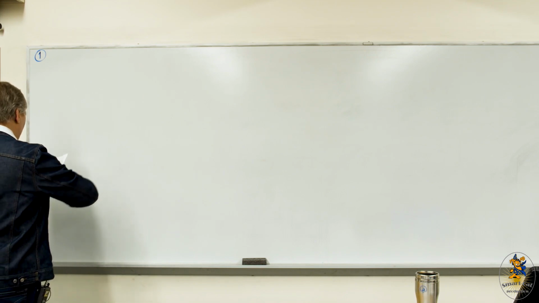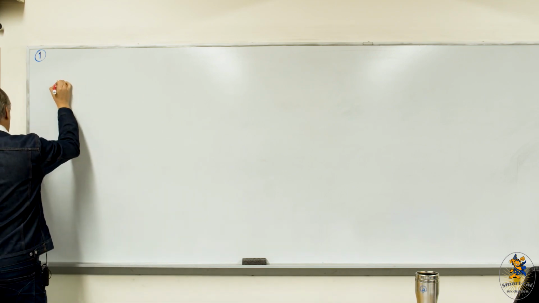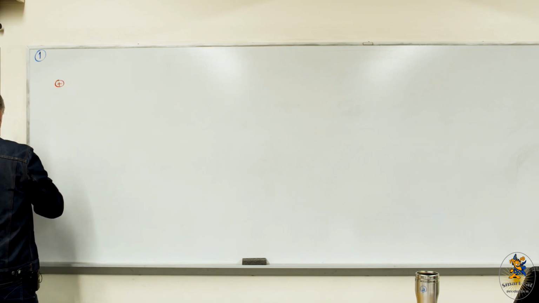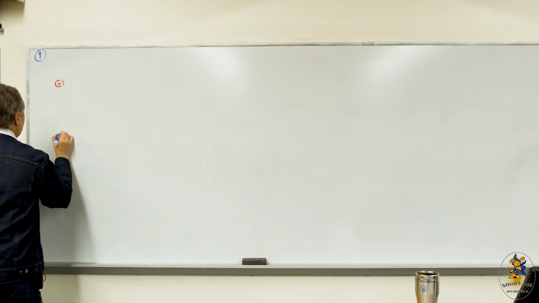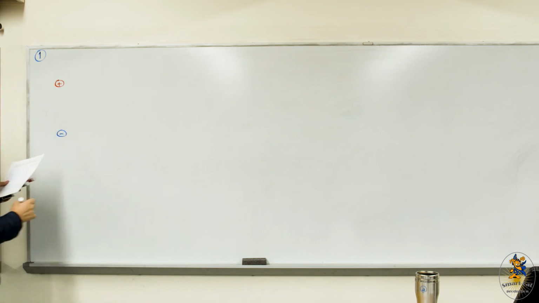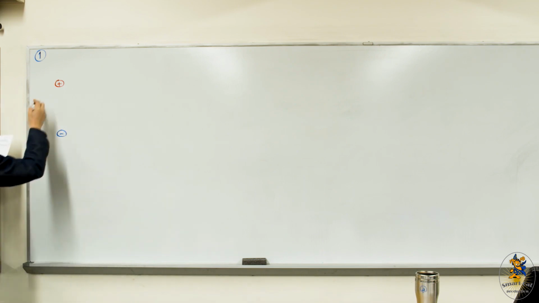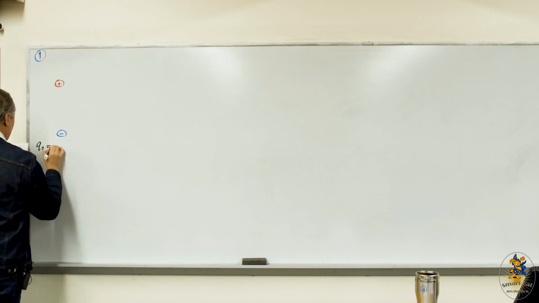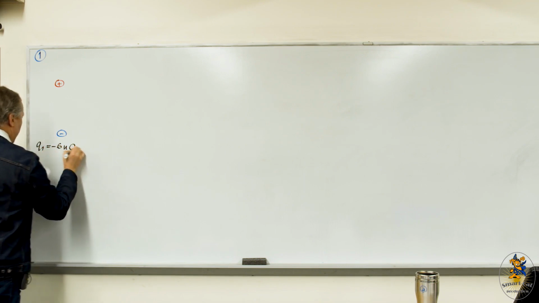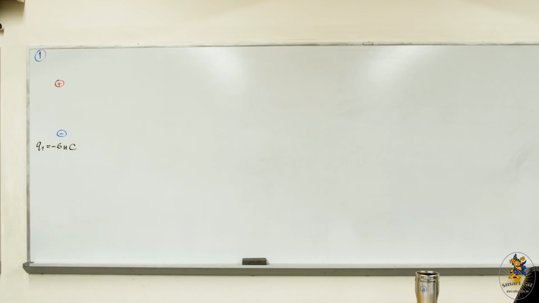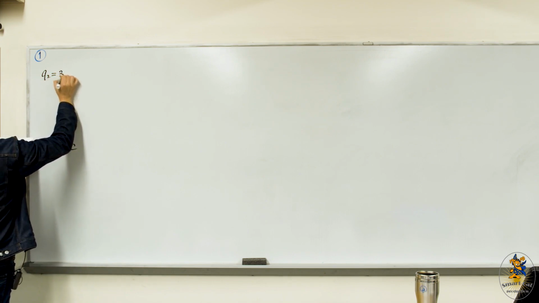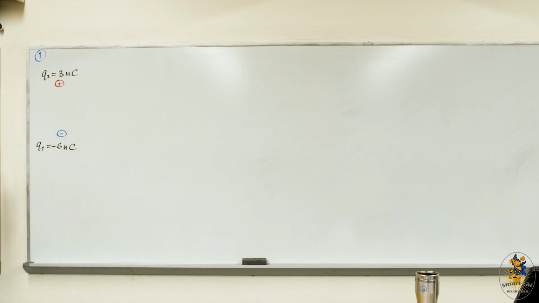So, 2 charges. One is positive. Let me start with a picture. A positive charge, and somewhere over here there will be a negative charge. Let me label them. This is Q1 equals minus 6 nanocoulombs, and Q2 equals 3 nanocoulombs.